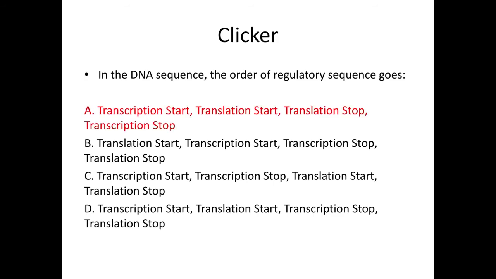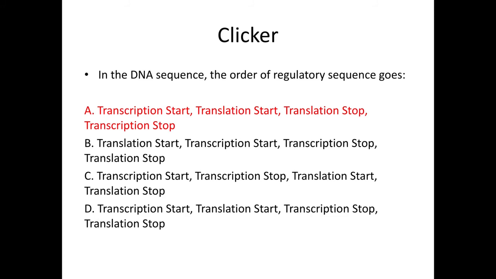Okay, in the DNA sequence, the best answer is A. Transcription start. In the DNA sequence, that's where the mRNA transcription begins. Then the mRNA is transcribed, and at some point in that transcript, a 3 base pair nucleotide sequence will be placed in the mRNA, and that will be the translation start codon, the one that codes for methionine.